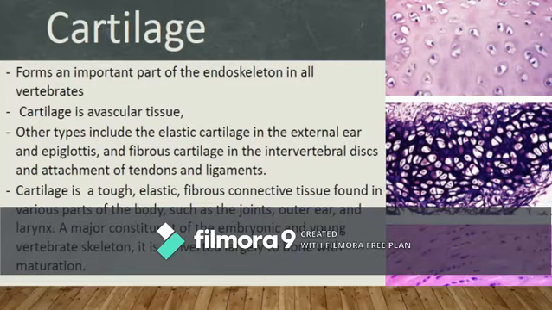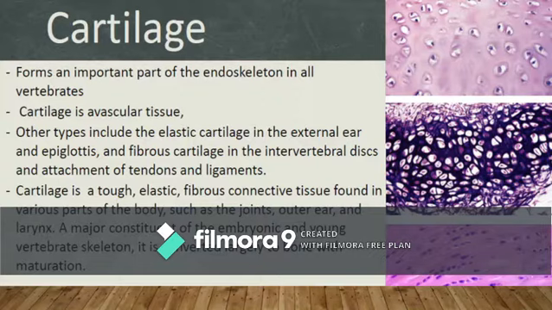Okay, cartilage forms an important part of the endoskeleton in all vertebrates. So cartilage is an avascular tissue. The development begins with a blastema, an aggregation of embryonic mesenchymal cells that differentiates into tissues such as chondrocytes, or the cartilage cells, or osteoblasts, bone-forming cells.